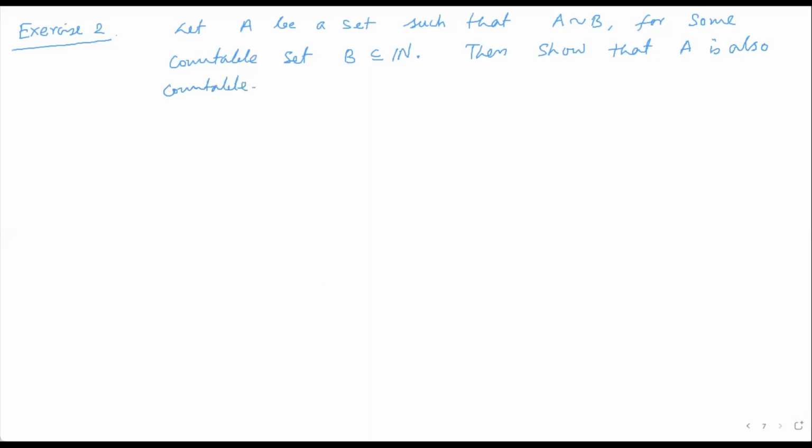So now we are ready to state and prove theorem 2. Here is theorem 2. Let us state the theorem formally. Let En, where n belongs to the set of all naturals, be a sequence of countable sets.